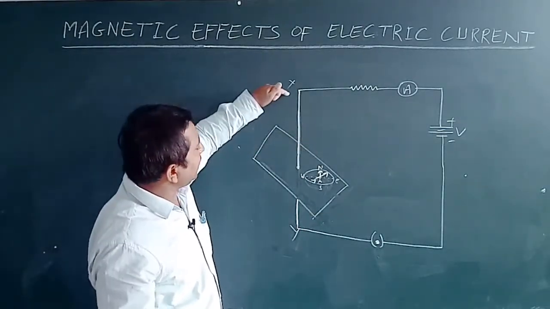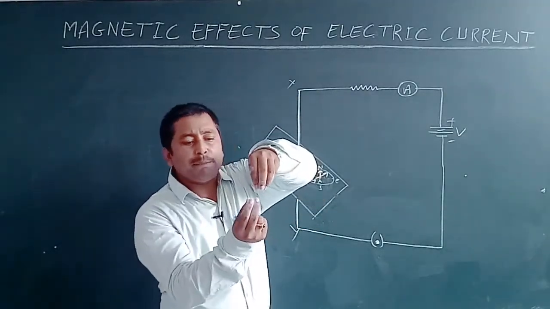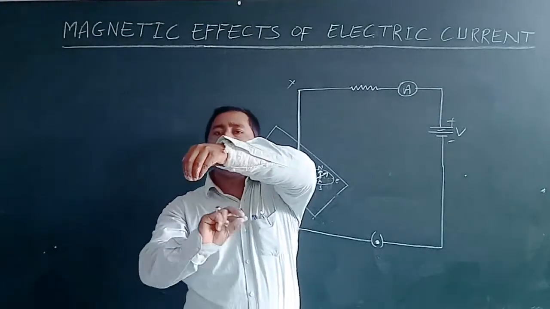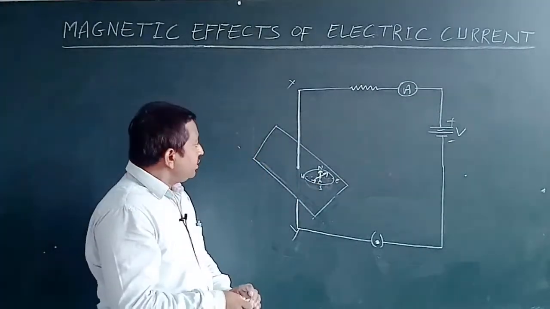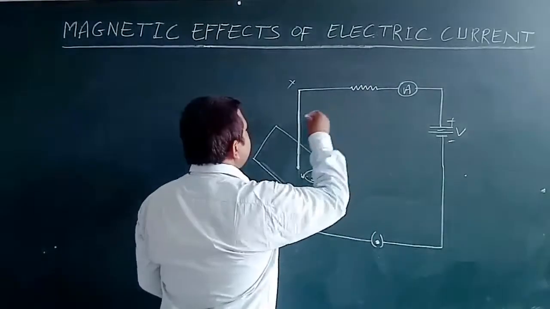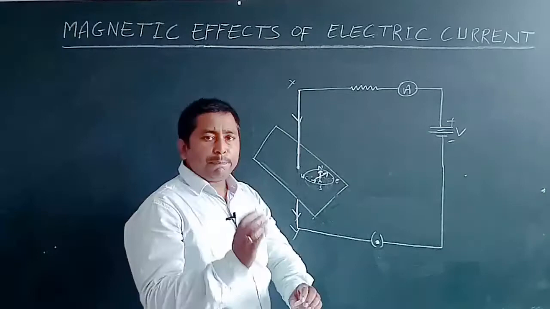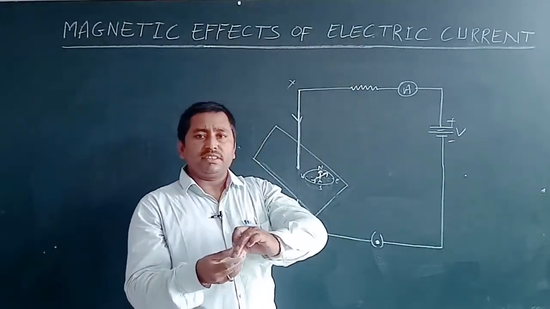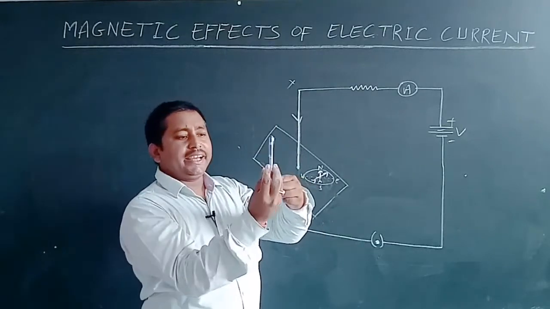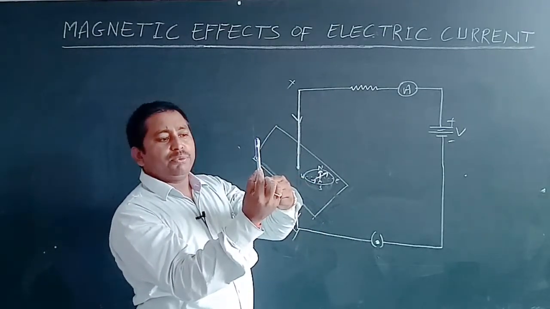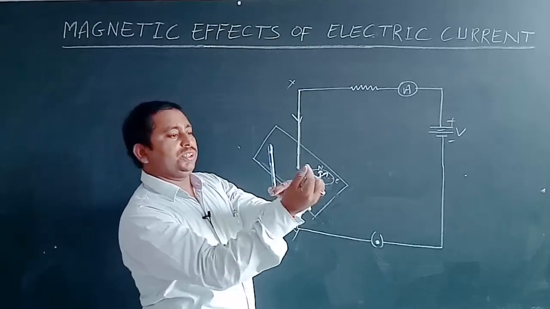Now, if we move this magnetic needle around the current carrying conductor, we find that the direction of the deflection in the magnetic needle changes continuously. If the current is flowing from X to Y, suppose this is the wire and here is a magnetic needle, the deflection lies from this direction to this direction.